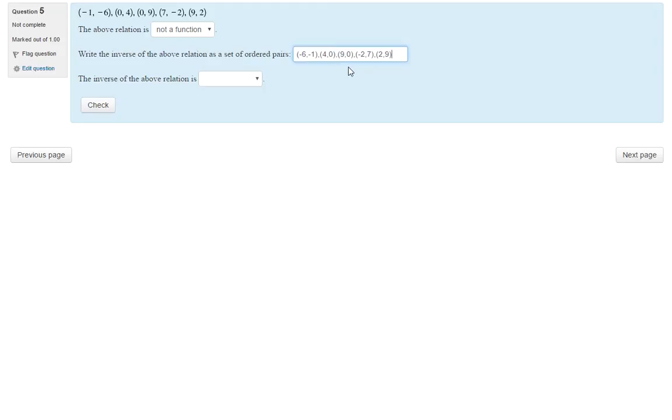The fact that those y values are the same is irrelevant. All that matters is that each input value produces only one output value. So there are not, for example, multiple ordered pairs that have an input of 4. So that is a function.